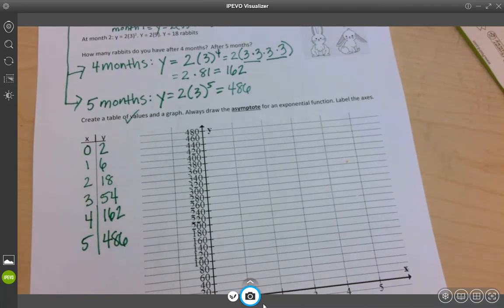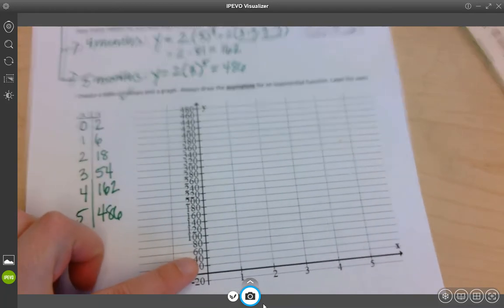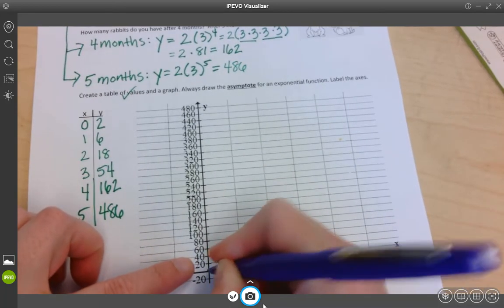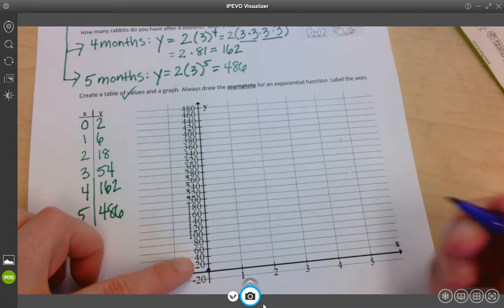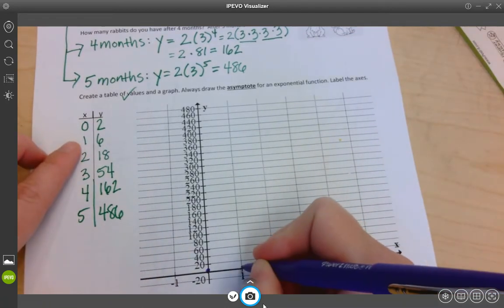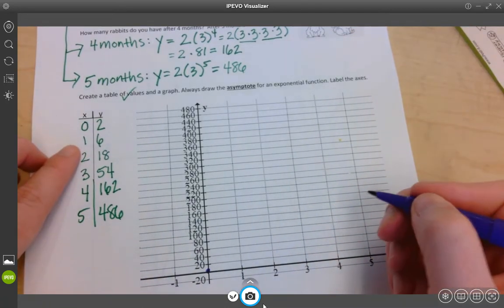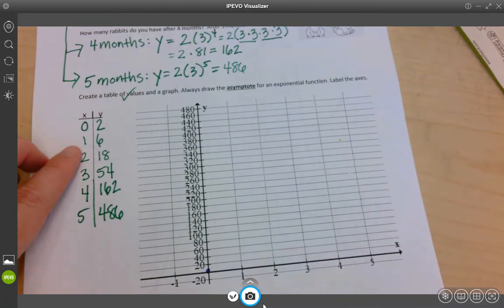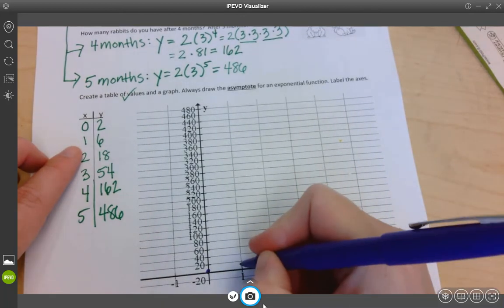All right, so let's graph. 0, 2, we have to estimate because we got 20 on here. So 0, 2 is going to be really, really small. And then I've got 1, 6, also really, really small. Just like remember when we were graphing Avi and Benita and it looked like it was flat. It looks flat for a moment.